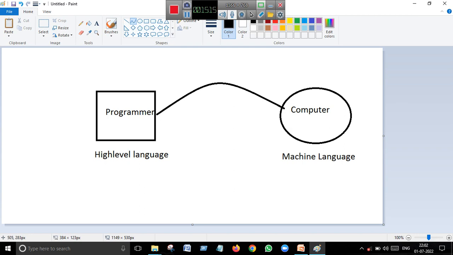So this is the high level language programmer, and this is the machine language, the low level language. These two things need to communicate.